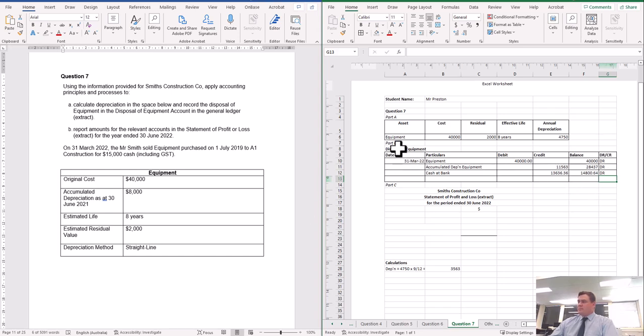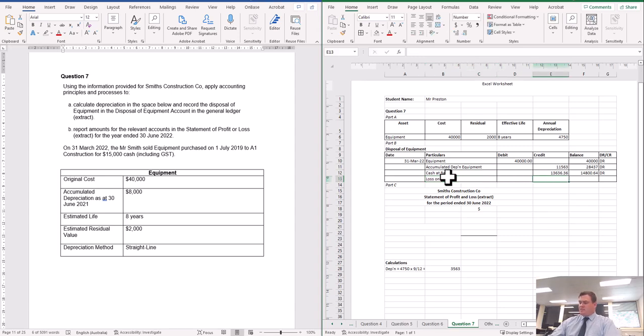So this is a temporary account, the disposal account. So I need to close it off to the gain or loss on disposal, which is obviously the final step. I've got a debit balance in my disposal account, so that means I need to credit it to make it 0, which means I've got a loss on disposal, because I'm debiting the loss on disposal.